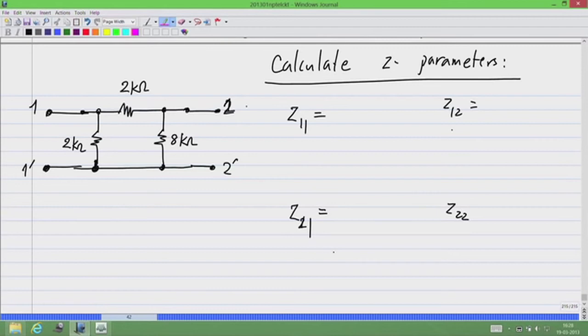Okay, I got one answer for Z11. What about Z12? What is Z12? Please calculate Z12 or Z21, whichever you find is easier, and similarly Z22.